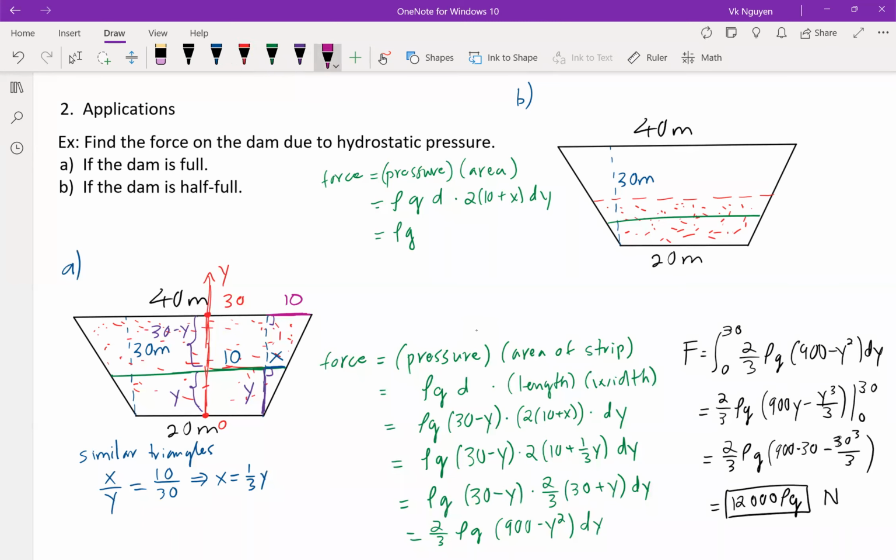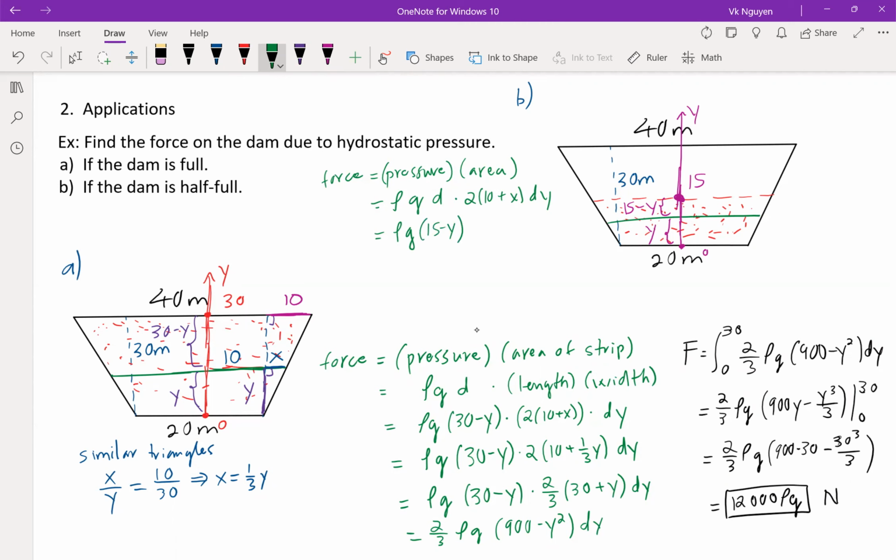If we draw the y-axis right in the middle, this is 0, and the number at the top of the depth is 15, because it is half full. So if there is y, then the depth is 15 minus y.